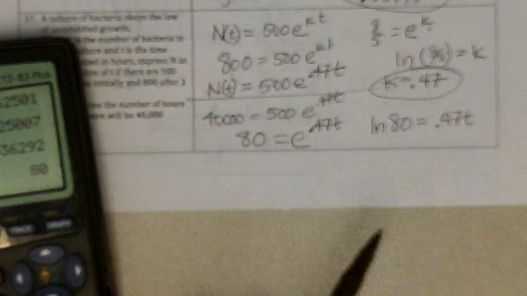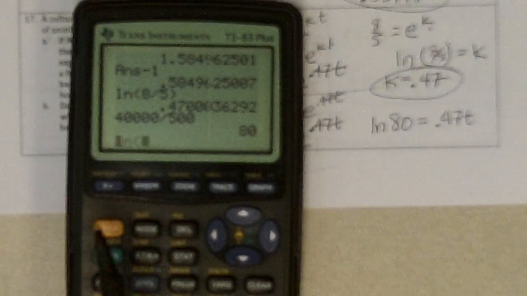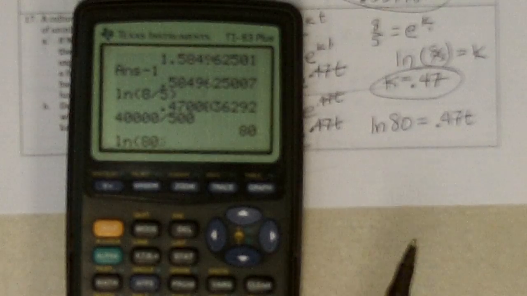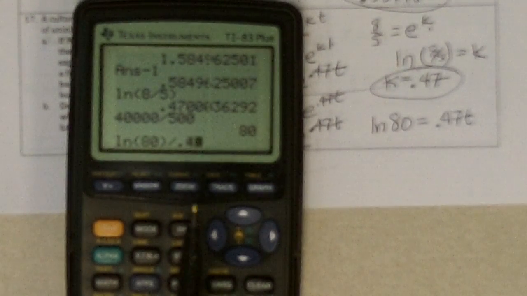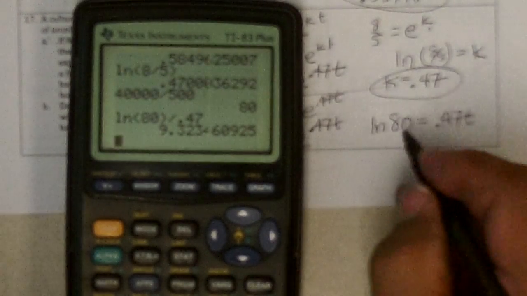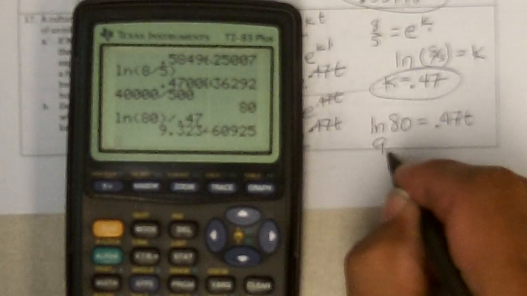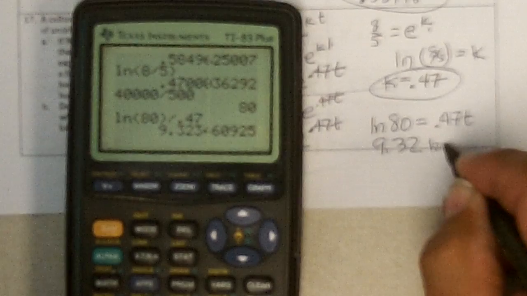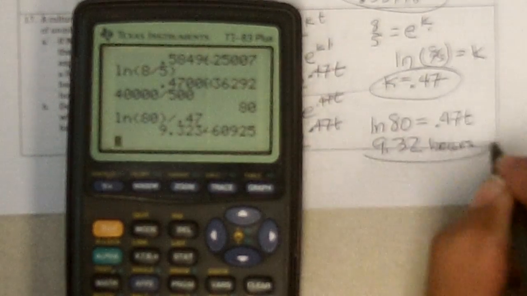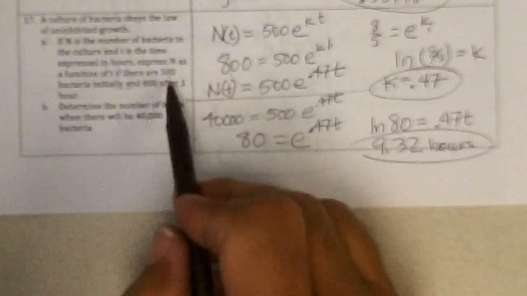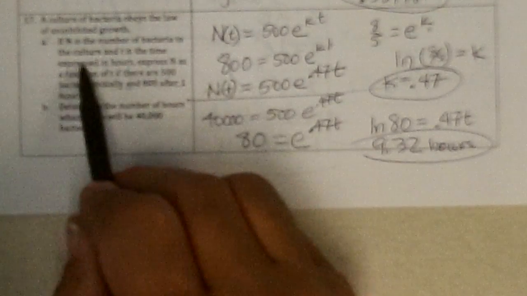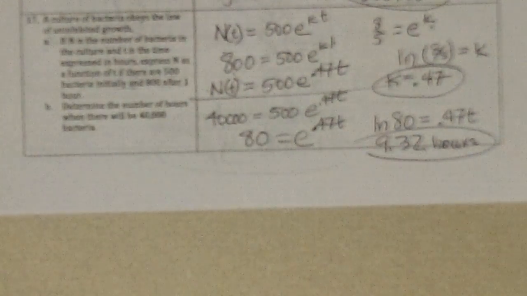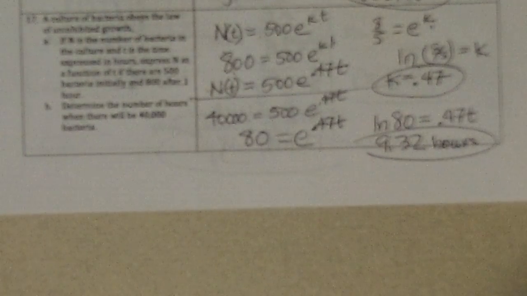So then I divide by 0.47, so I get ln 80 divided by 0.47, and we get t to be 9.32 hours. Because t was in hours, I believe, wasn't it? Yeah, after 1 hour, t was in hours. Time expressed in hours. So that's the sample test.